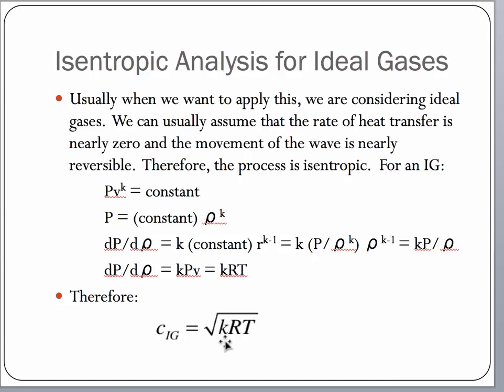K is C sub P over C sub V. It varies a little bit with temperature, and that variation is in the back of your book. You can look that up in the textbook. R is the ideal gas constant, and T is the temperature. I just need to make sure I'm using absolute temperatures when I do this.